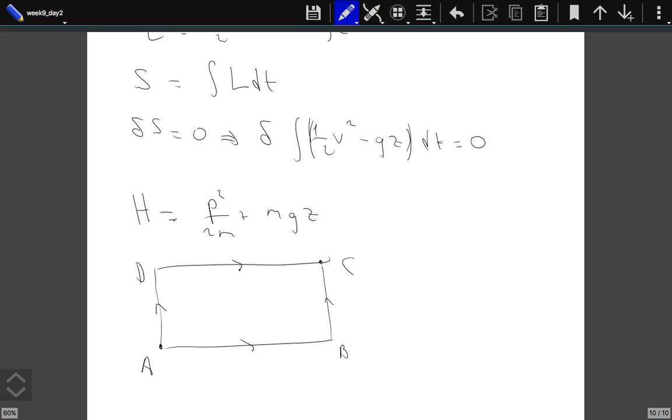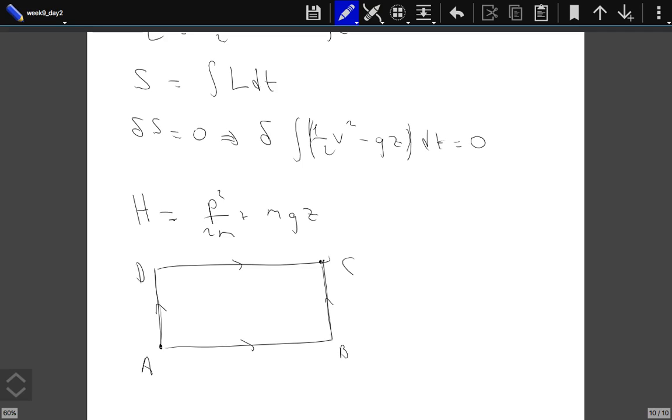And then you try to see what phases each of these particles acquires as it goes from A to C through these two different paths. Well, you see, as they go from A to D or B to C, they will acquire the same phase because they are going through the same potential change.